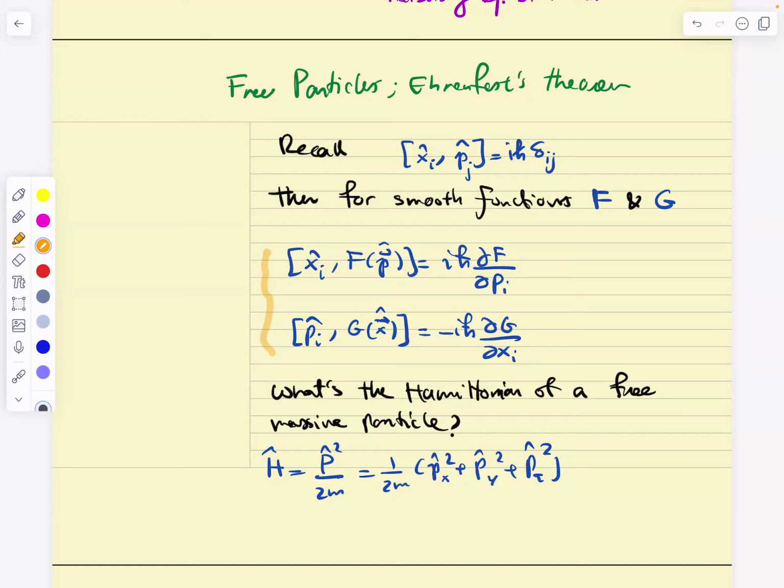So one interesting thing that you learn immediately is, what is a function that's similar to its own derivative? Exponential. So if I put f to be exponential of p, it looks like the commutator of an operator with something exponentiated is proportional to that thing exponentiated. So remember this structure. In quantum mechanics, this is very important.